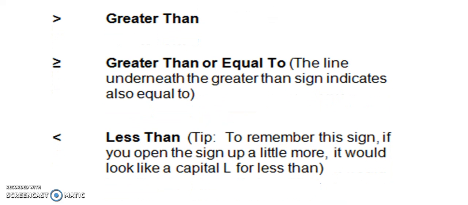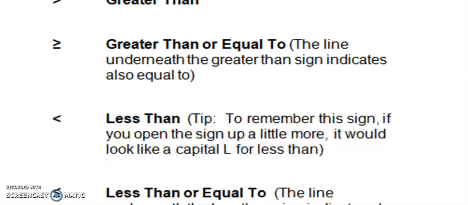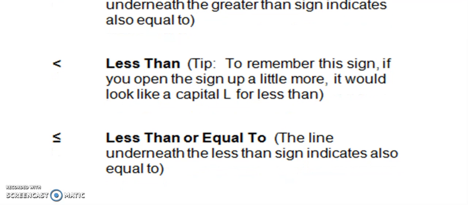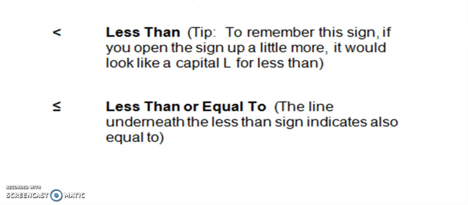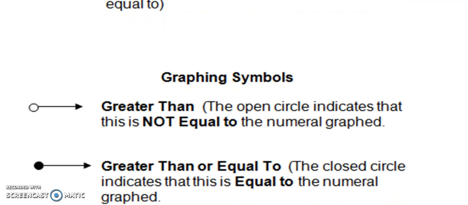We have less than. The reason I usually remember this is it looks somewhat like an L if we're reading from left to right. The quantity on the left will be less than the quantity on the right. We also have less than or equal to when we have a line underneath that is indicating it's also equal to. And then we have our symbols that go with those.